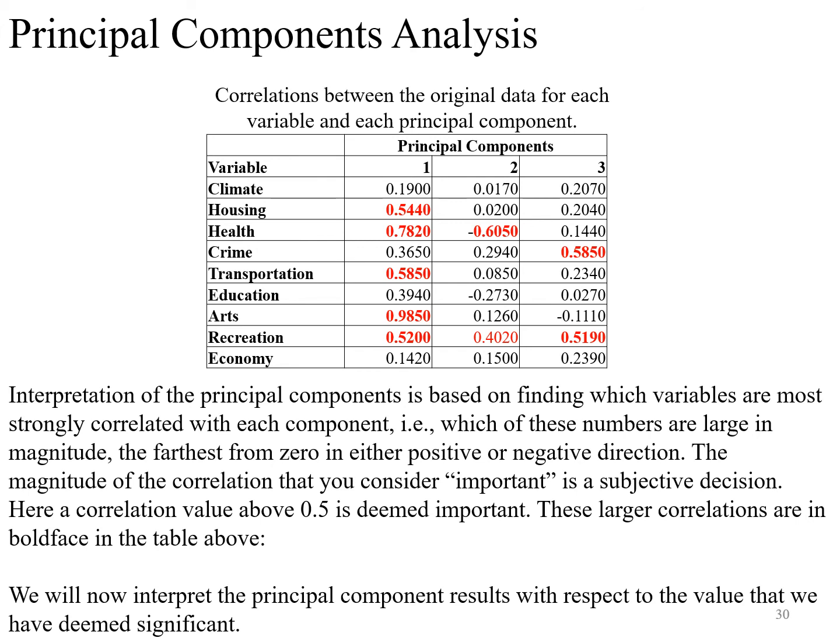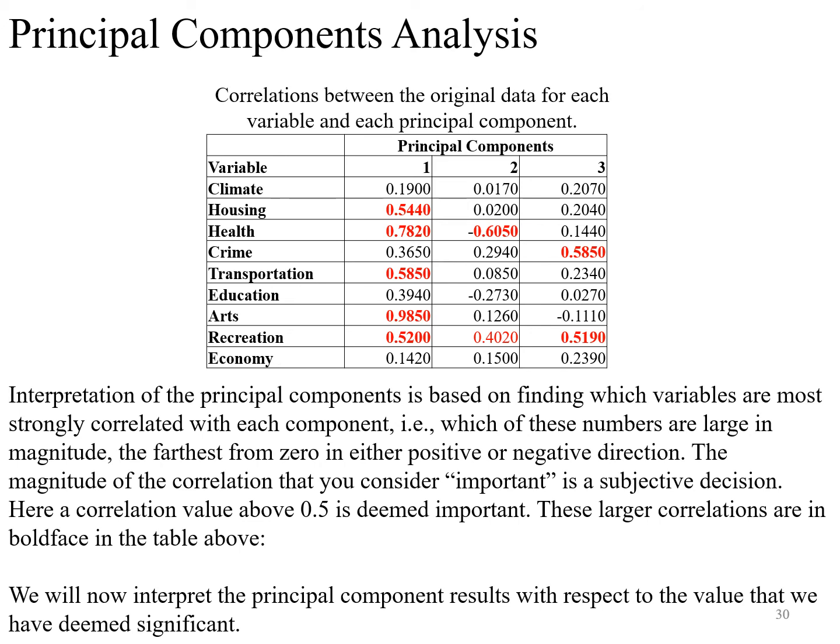That second principal component shows a contrast between health, which has a negative coefficient or correlation coefficient, and recreation, positive coefficient.